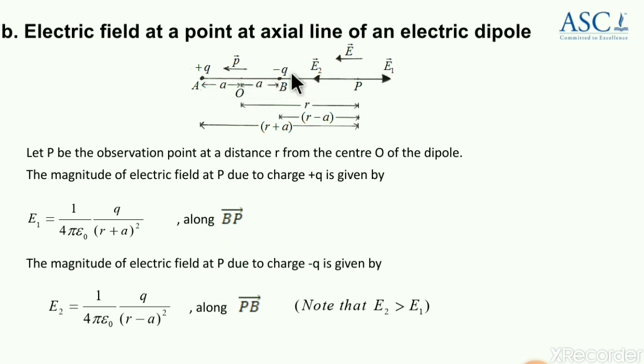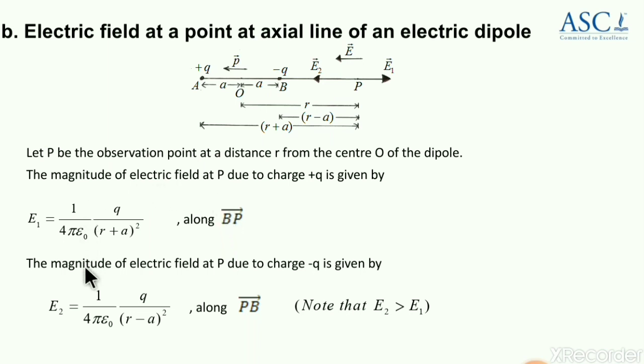If you remember the properties of electric field lines, from the plus Q charge, the field line moves away from it. That is why on the axial line, the electric field E1 is shown away from plus Q. So we write it as along BP, or you can even write along AP, that is, from A towards P or B towards P.